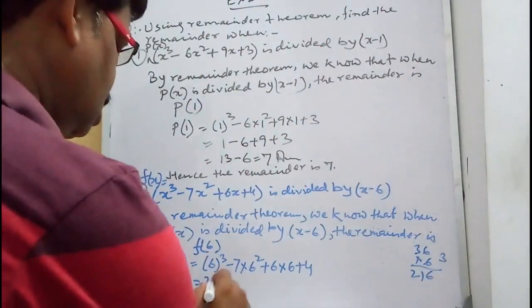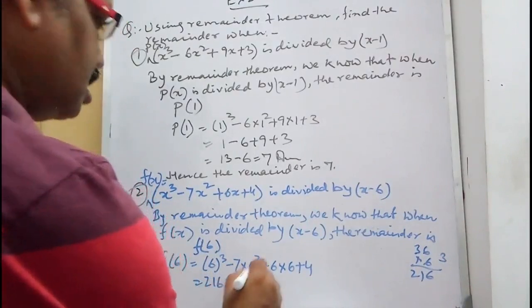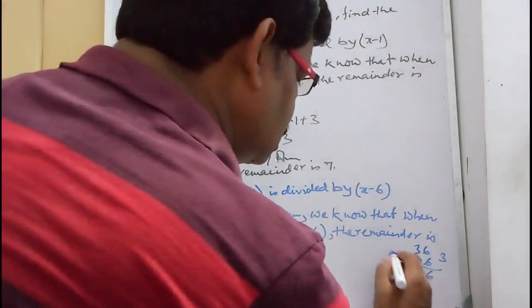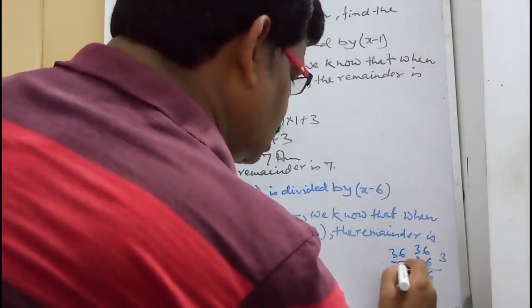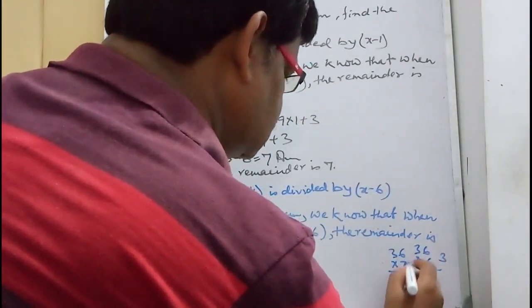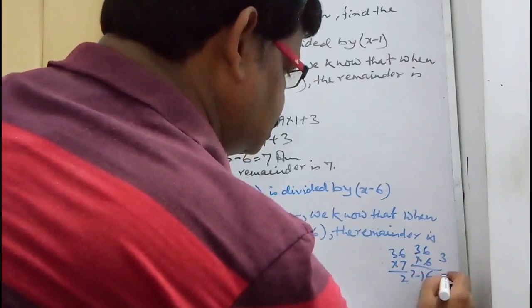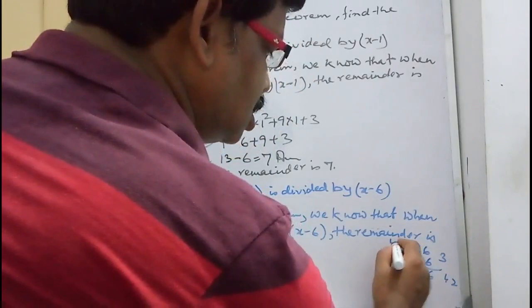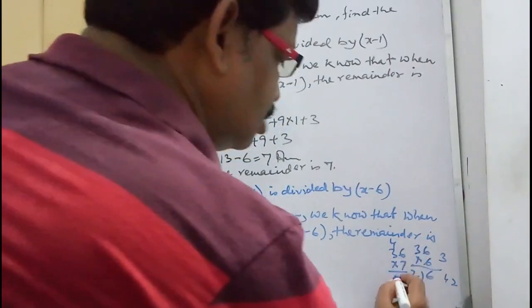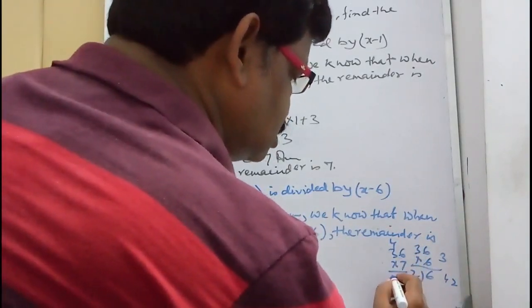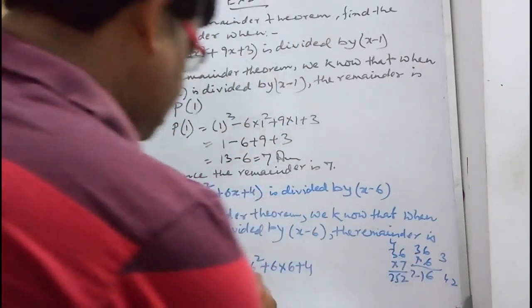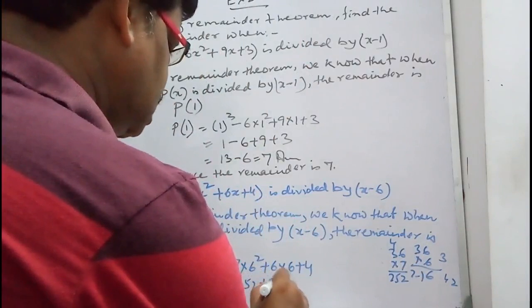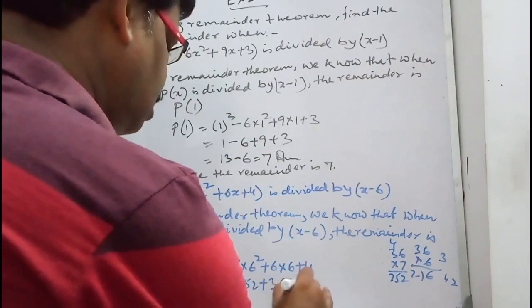So 216 minus 6 square is 36, so 36 into 7 is 252. Then plus 36 plus 4.